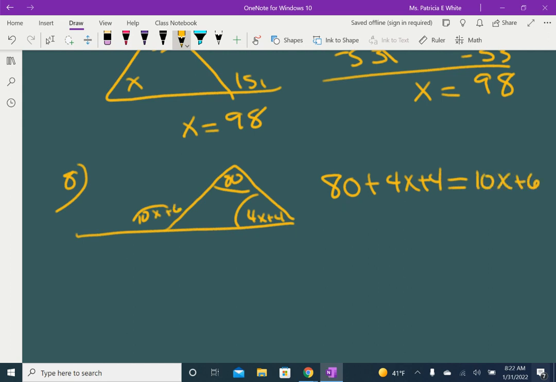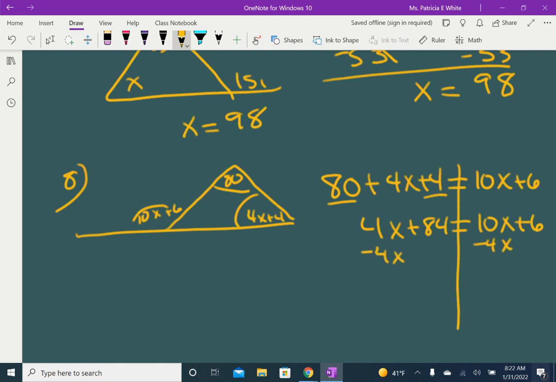All right, solving equations with variables on both sides. First, I got to clean up a little bit because that 4 and 80 are on the same side. I have 4x plus 84 equals 10x plus 6. All right, the 4x is smaller, so I'm going to go ahead and subtract the 4x from both sides. You can do the 10. I'm just going to do the 4 because it's smaller.